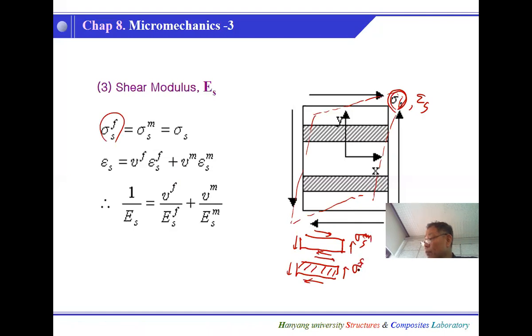Matrix and fiber s, they are all the same as the ply stress. So the fiber stress and matrix stress is the same as the ply stress. And then this one will have deformations like that. And fiber will have shear deformations like that.